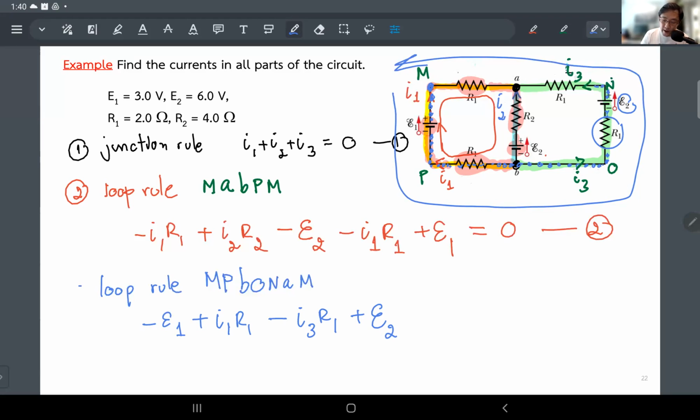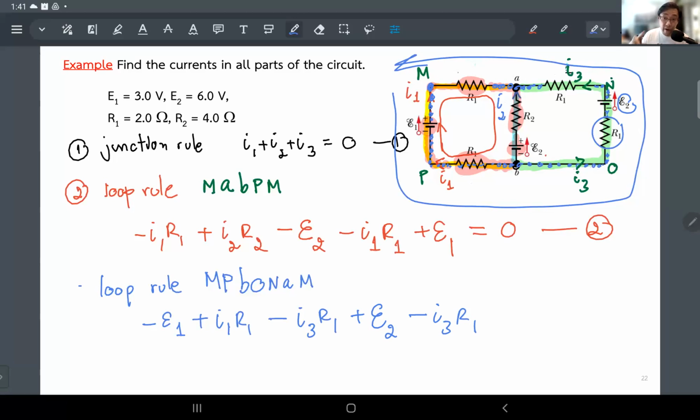Now I'm at the upper right corner and turn. I see another R1 here with the current I3 in the same direction as my analysis. So I'm going in the downhill direction, right? Because current flows from high to low. Negative I3 R1. Keep going, guys. Now I'm at A, nothing, nothing. Now I hit another R1 on the top, but the current I1 is going against me.